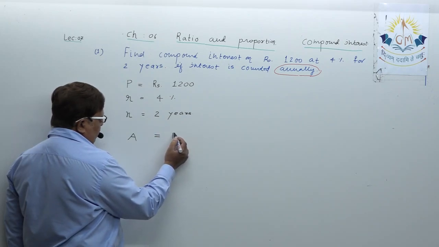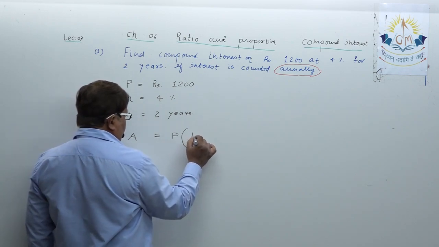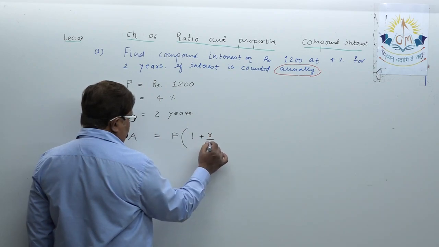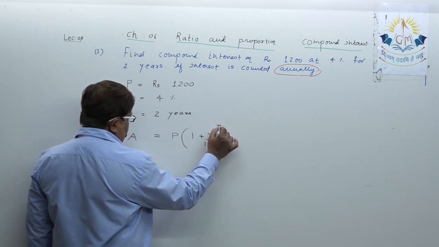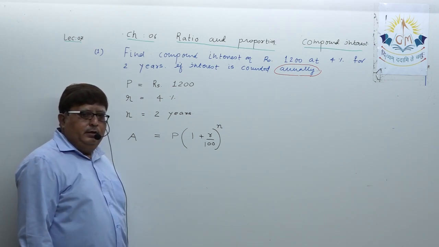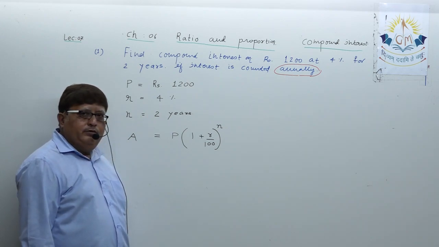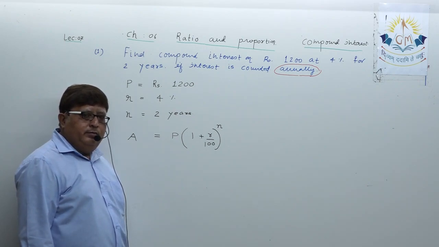A equal to P into bracket 1 plus R upon 100 raised to n. Okay, you have to remember this formula. A equals P into bracket 1 plus R upon 100 raised to n. When you solve the sum, again and again you should speak the formula.